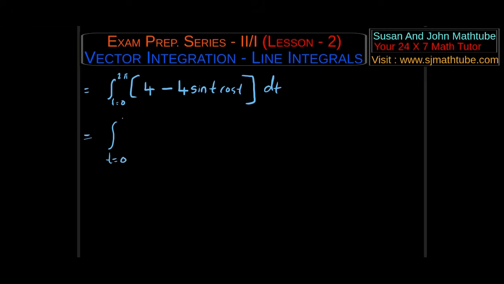T equal to 0 to 2 pi. We need one formula from your basic level trigonometry. I want the formula for sine 2t. Okay, that is 2 sine t cos t. Isn't it? So 2 sine t cos t is nothing but sine 2t. So I'm going to write this as, I'm going to divide by 2 and multiply by 2. So I get 2 and then sine 2t.